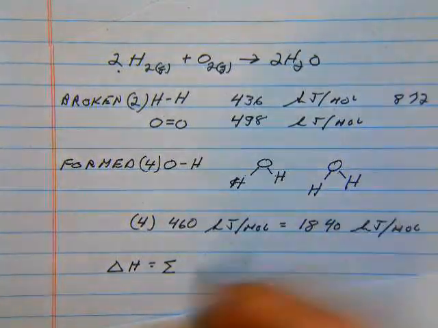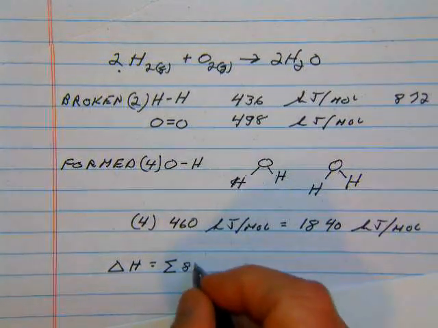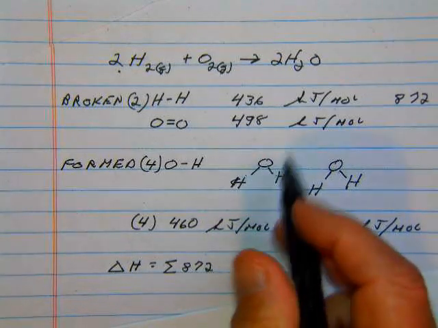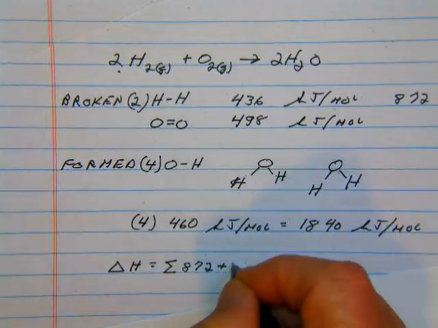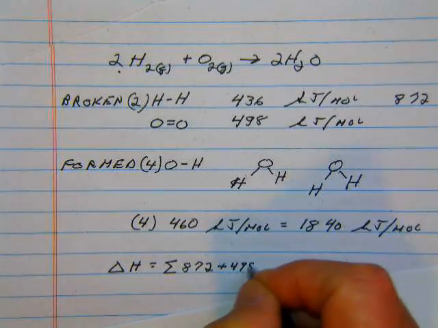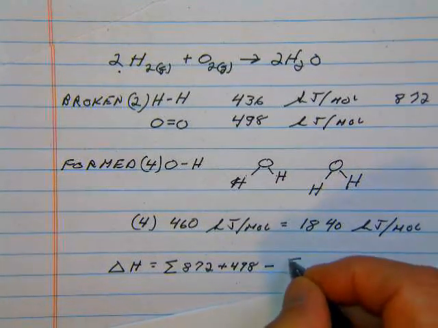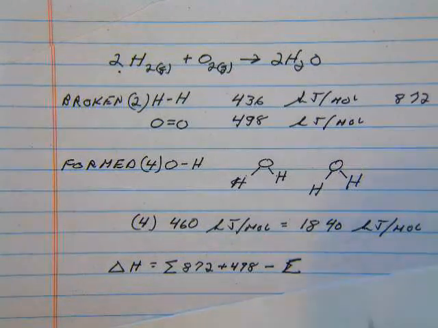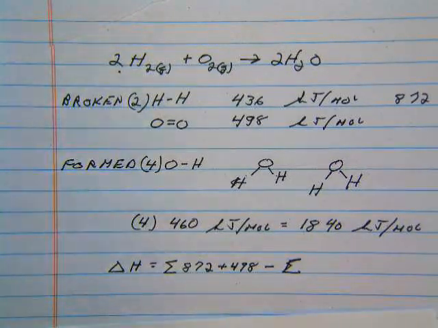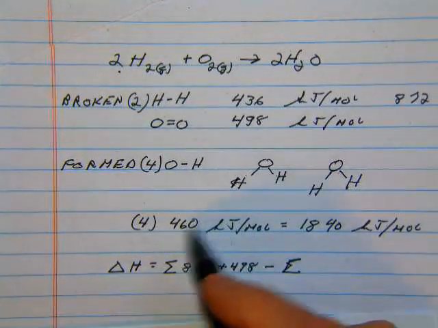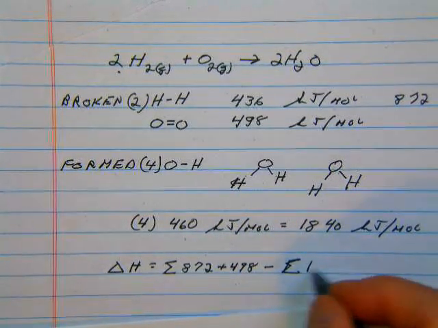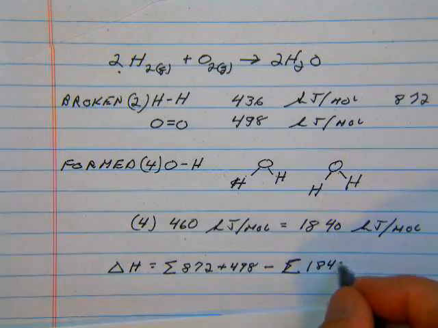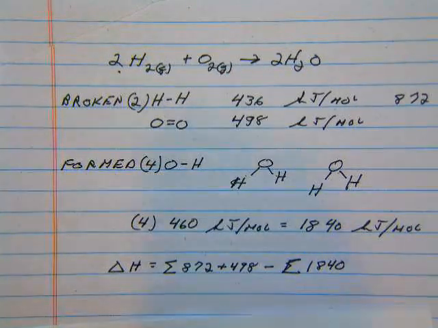So we have 872 plus our 498, minus the sum of all the ones that are being formed. And we've got 4 of these at 460, so that's 1840.